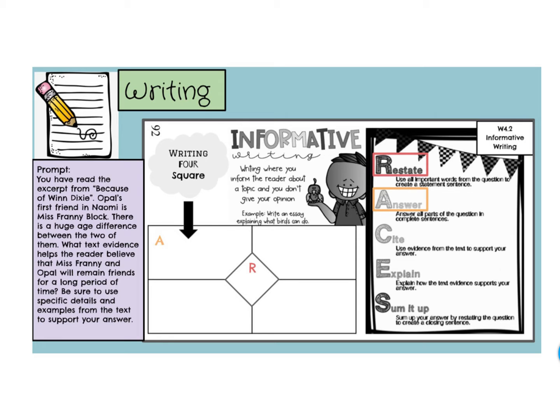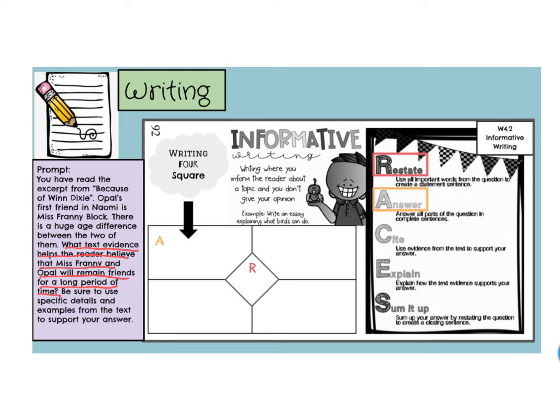There is a huge age difference between the two of them. What text evidence helps the reader believe that Miss Franny and Opal will remain friends for a long period of time? I'm going to underline this sentence because I think it's something I'm going to need to write about in just a moment. It's important. It is what the prompt is asking me to do.